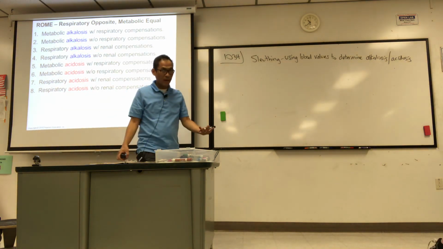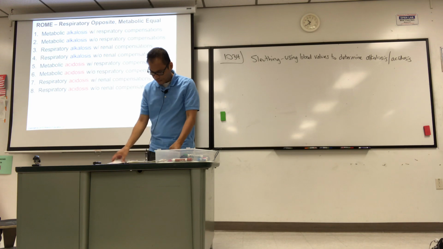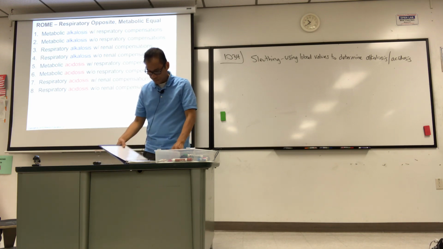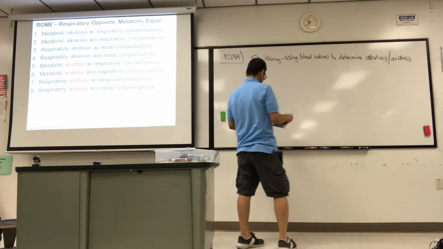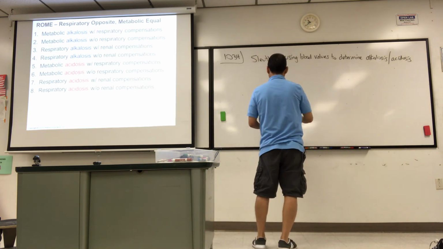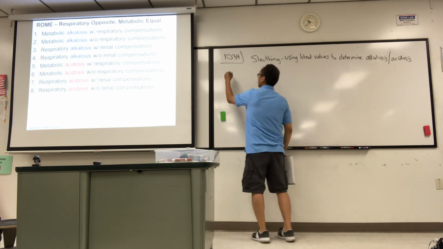Of course, there are more than 8 in the real world, but this is most of them. And the first thing to keep track of is the respiratory system.